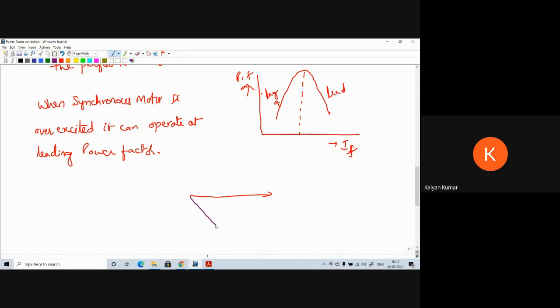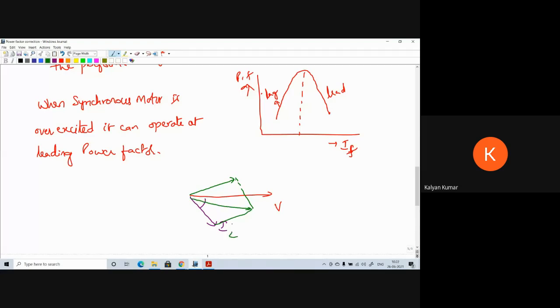the current drawn by the load system is lagging the voltage by a certain angle. In order to improve the power factor, if we connect a synchronous motor at the load center, then it will draw a leading current. Now, the resultant current of the synchronous motor and the load will be somewhat like this.